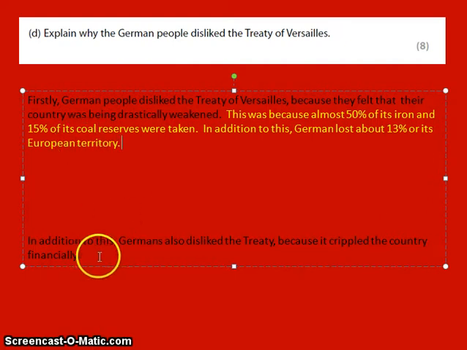If we have a look down here, I'm just going to provide some evidence for this point. So we said, in addition to this, Germans also disliked the treaty because it crippled the country financially. And we'll just provide some evidence here about the reparations.